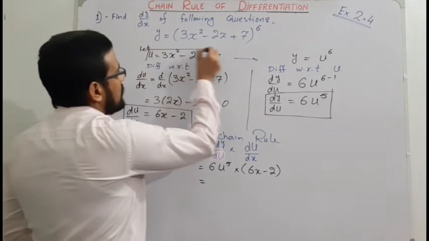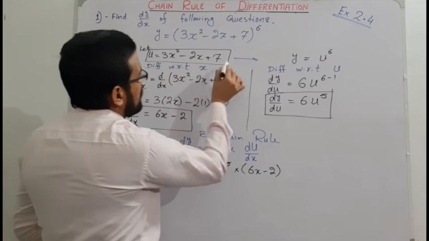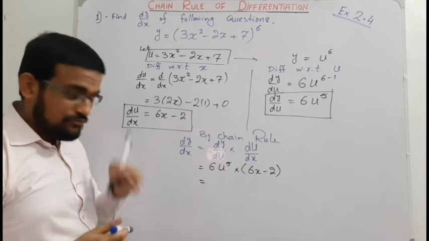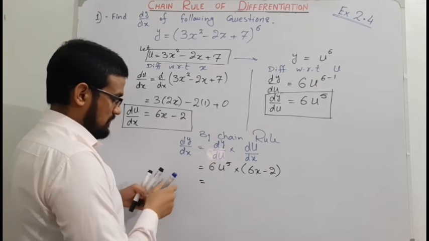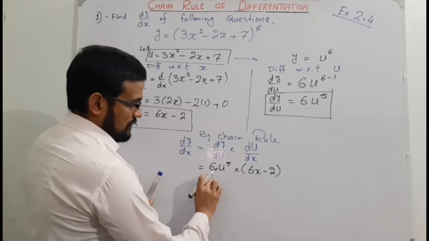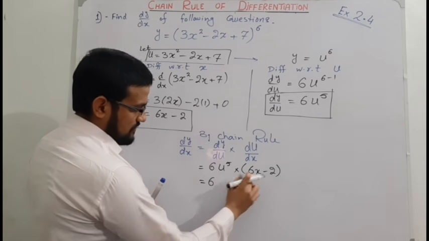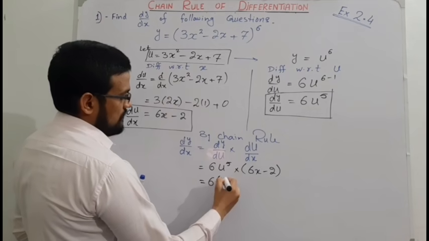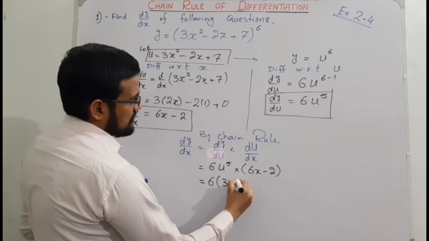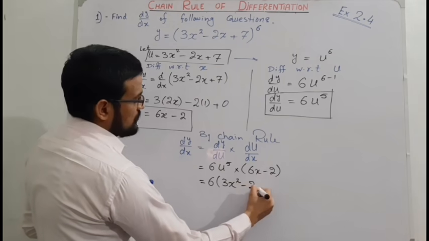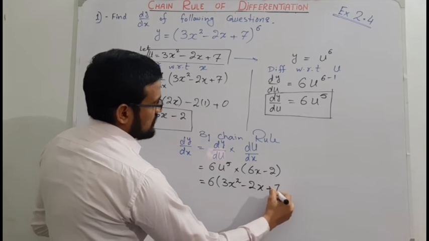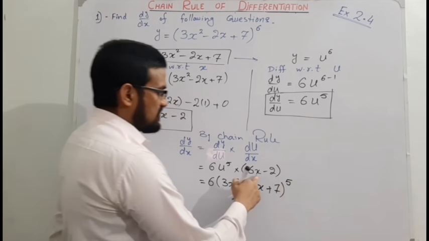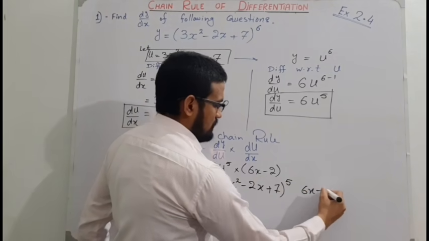We'll suppose u is the expression, so by putting the value of u, u is 3x square minus 2x plus 7 whole raised to power 5 and 6x minus 2.